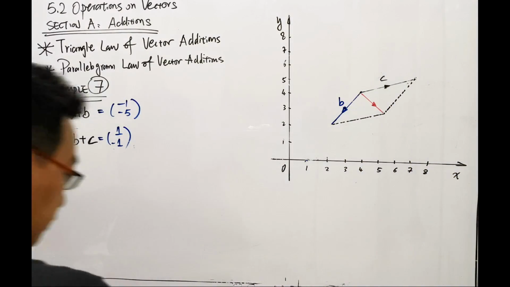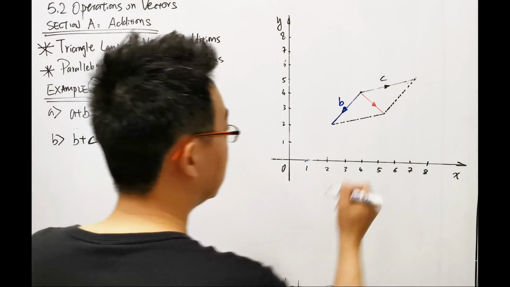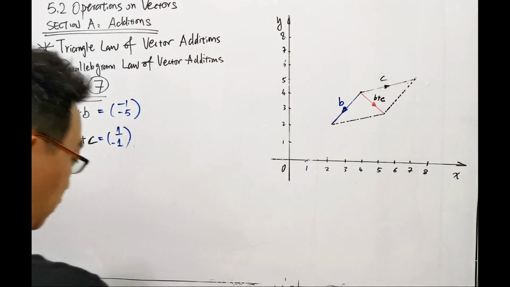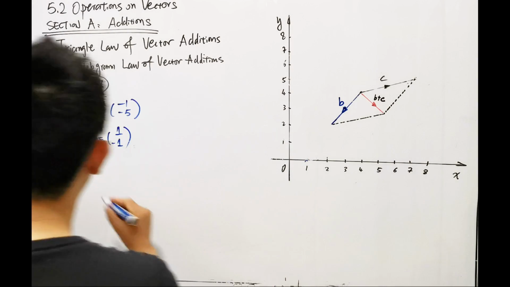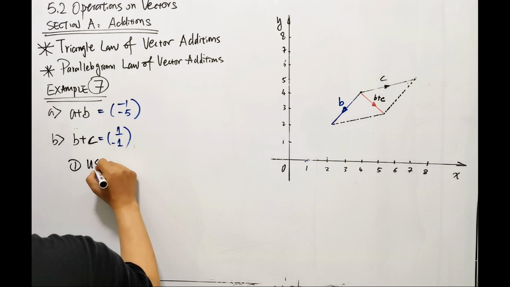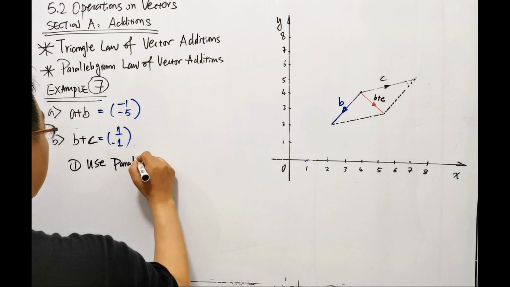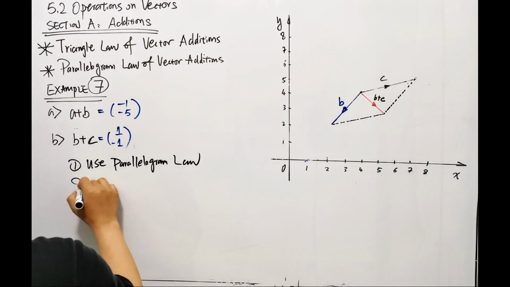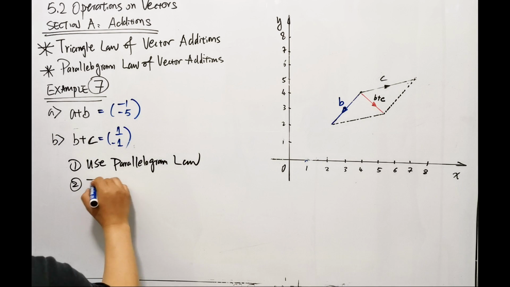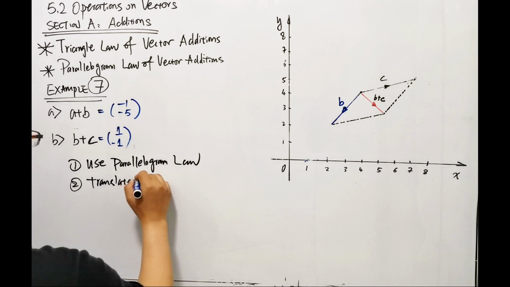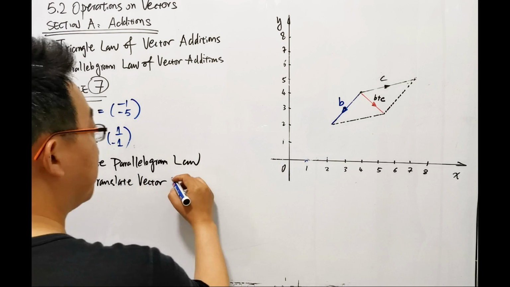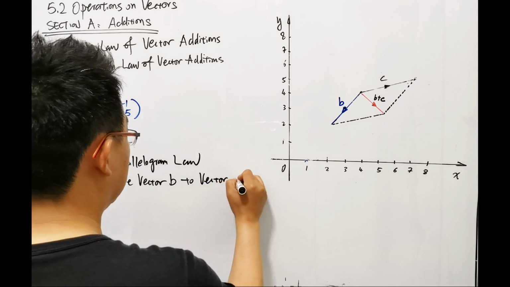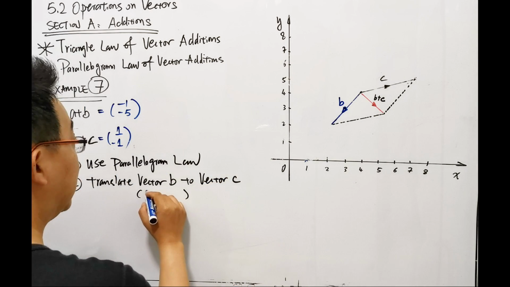So this is B plus C. Okay, so from here, the first way is to use the parallelogram law, and then translate vector B to vector C. We join up the initial point.